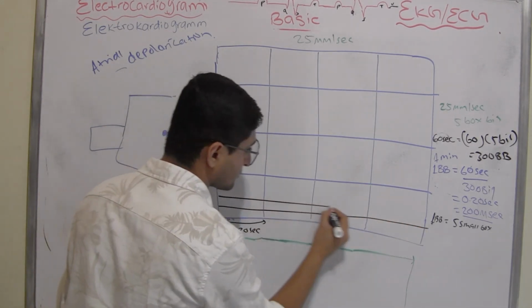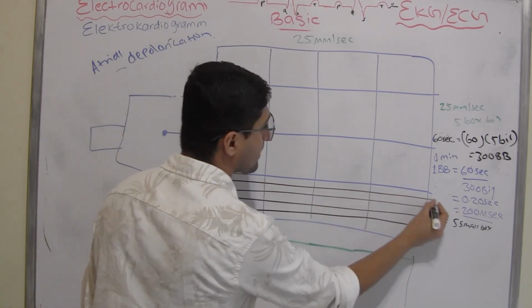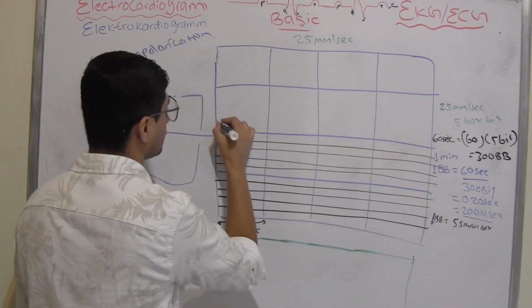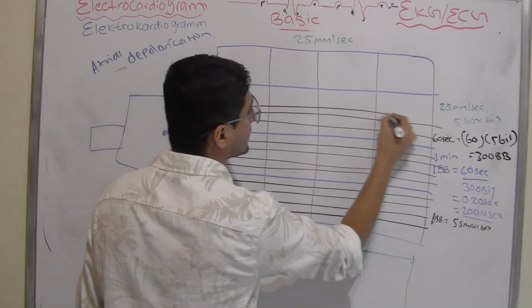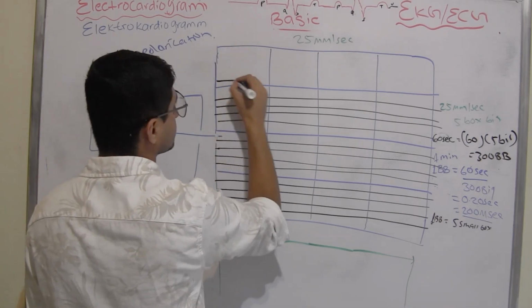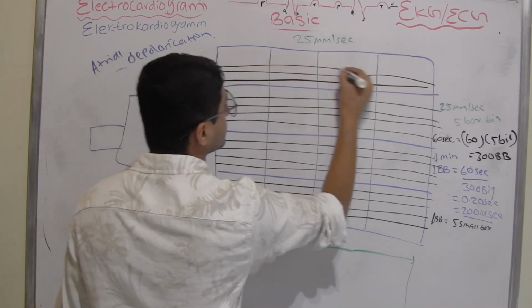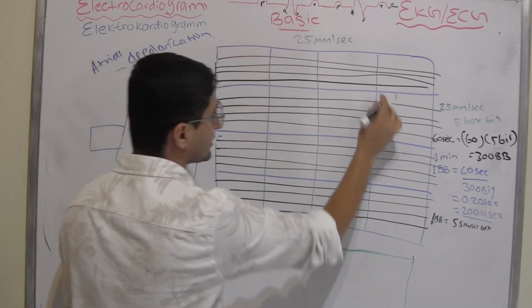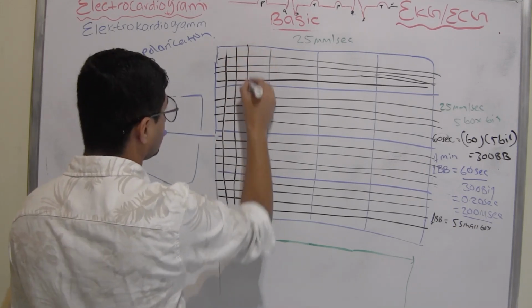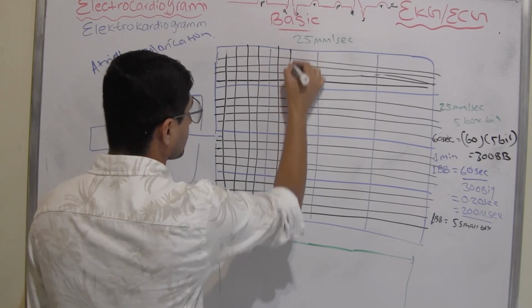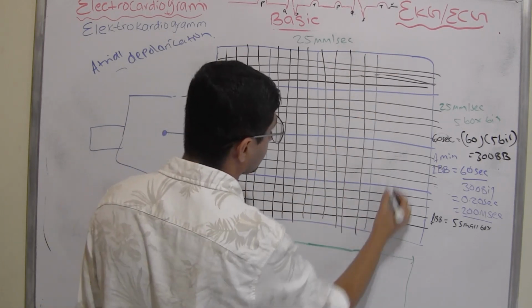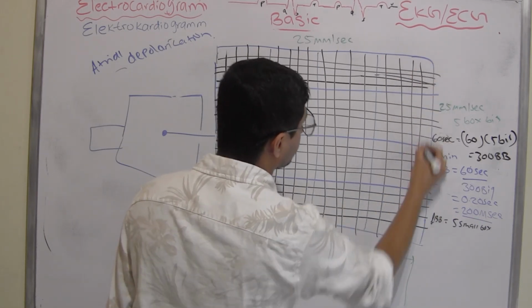So you have 1, 2, 3, 4, and then again 1, 2, 3, 4, and again, making another line here, and drawing this section too.